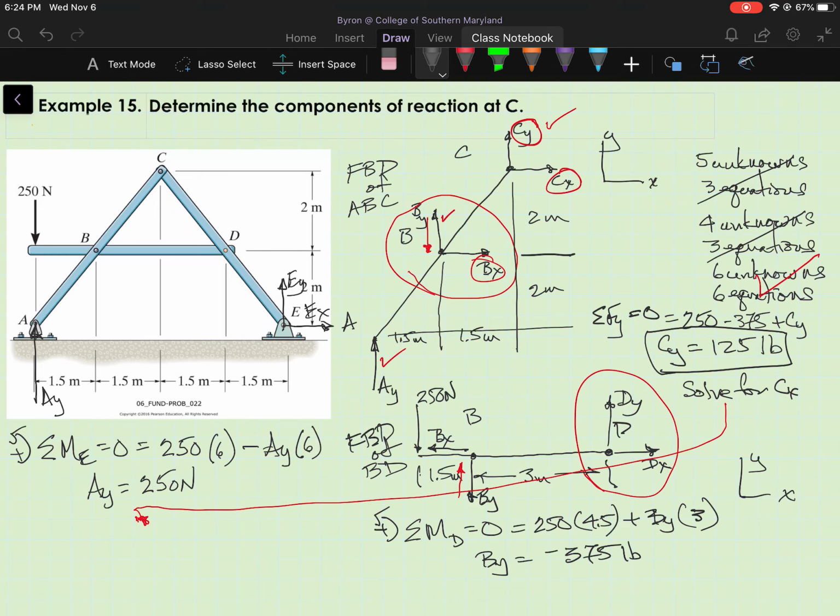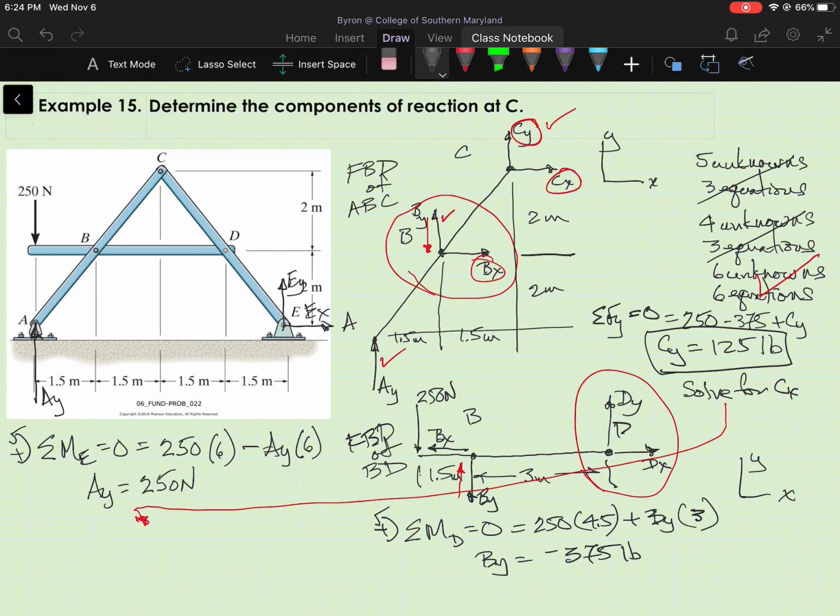Okay, so to solve for C sub x, I'm going to sum moments about B. That is the most efficient place to sum moments because it eliminates B sub x from the moment equation, which is what I need to do.